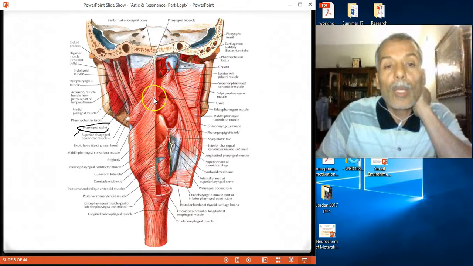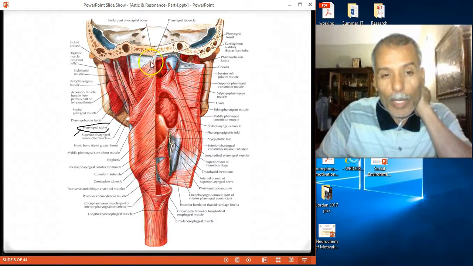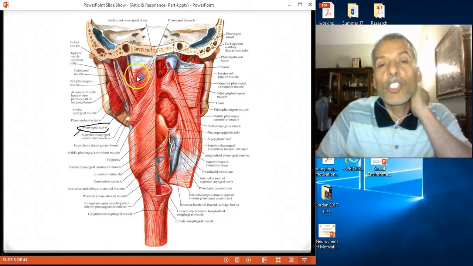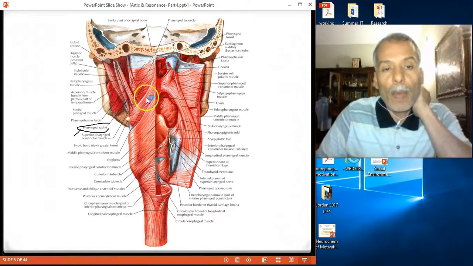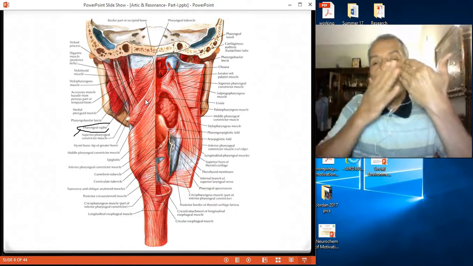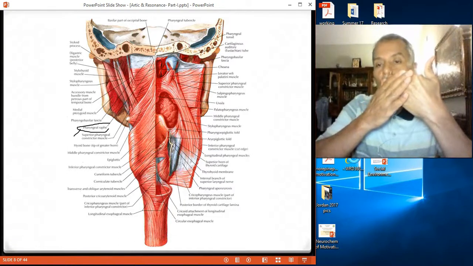So if you look carefully from above, you are going to find some muscle fibers oriented almost horizontally. That muscle here is the superior pharyngeal constrictor. And then behind it and lower comes the other muscle.